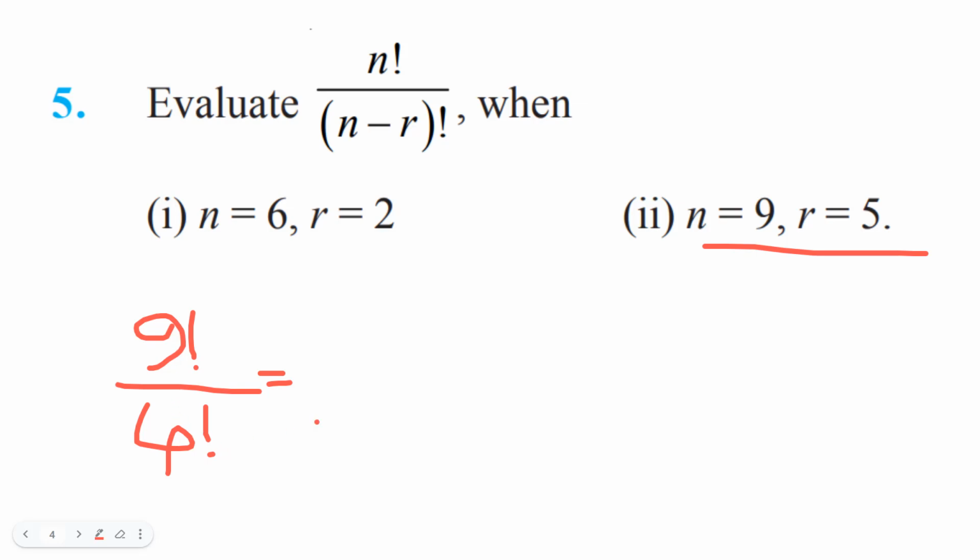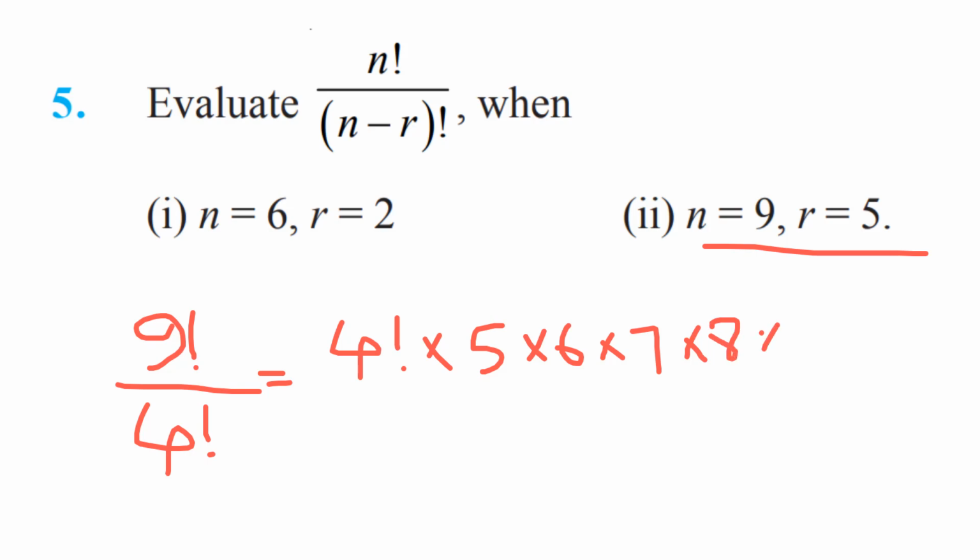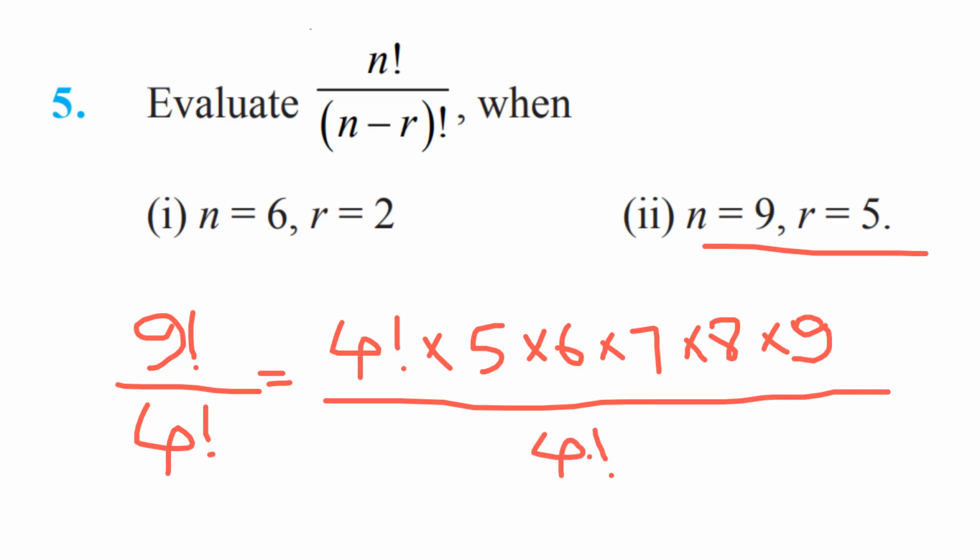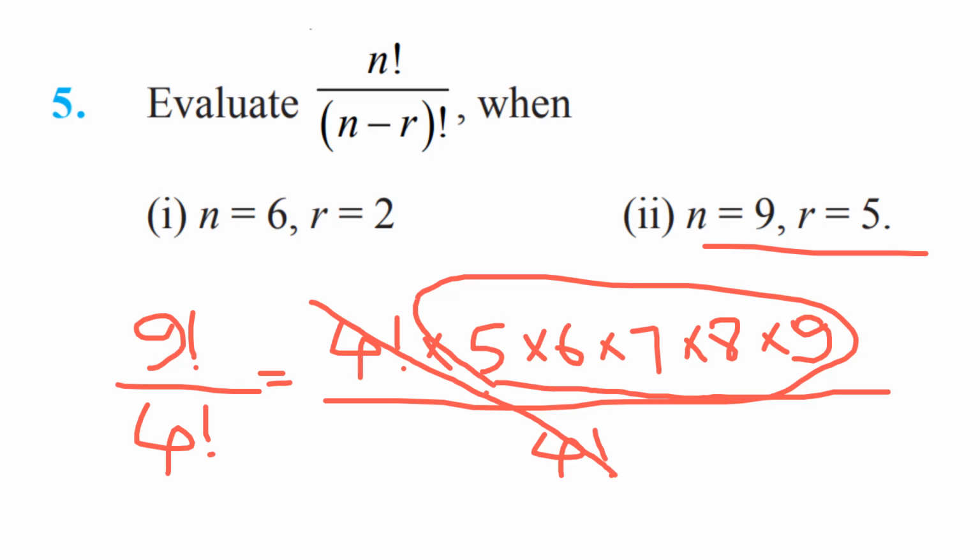So when we evaluate this, we will get 4 factorial multiply 5 multiply 6 multiply 7 multiply 8 multiply 9 divided by 4 factorial, and these 2 will disappear, and we are left with 5, 6, 7, 8, 9. If you multiply these numbers, we get 15,120. This is the answer.